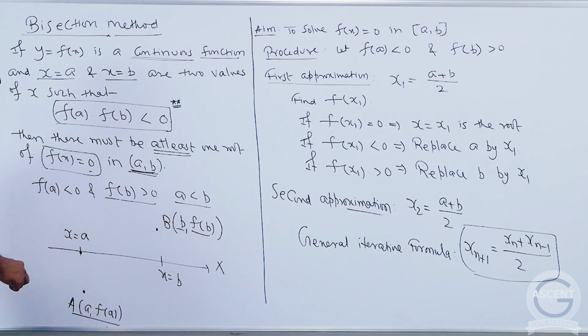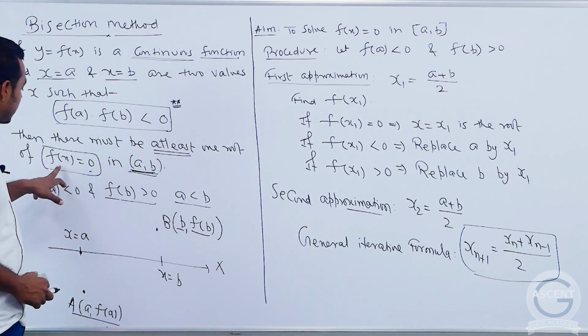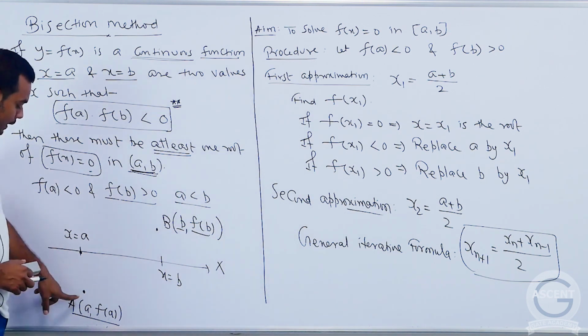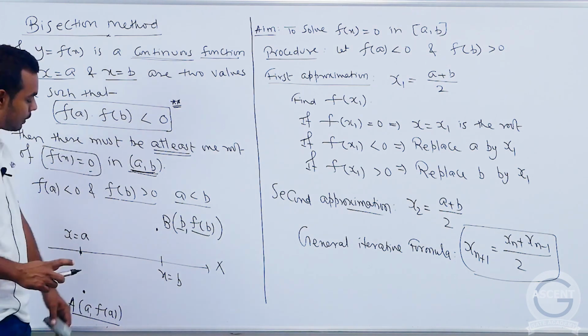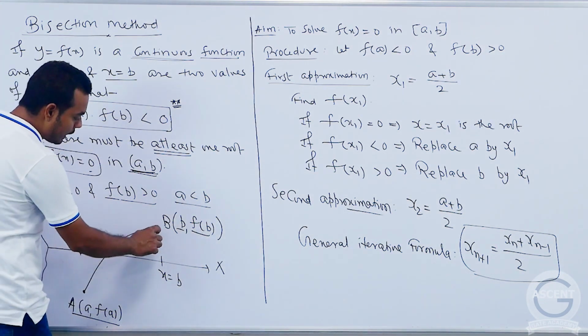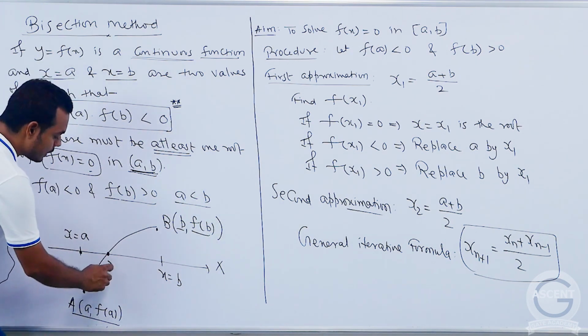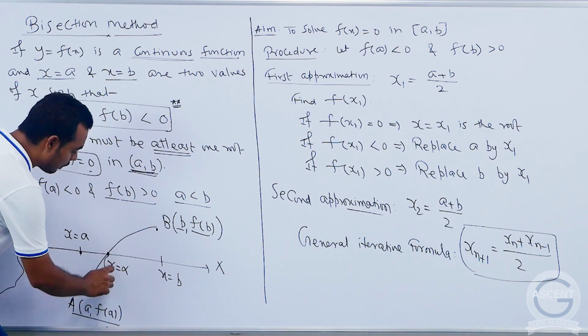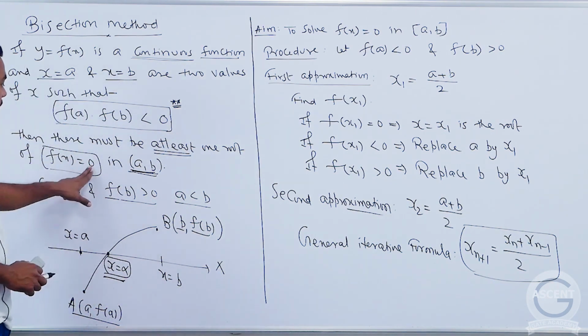So now these are the two points on the graph of this function y equals f of x, and at a you have a negative value, at b you have a positive value. The graph is continuous, so if you want to join these points, there must be at least one point where the graph will cross the x-axis, and this is the point where the value of f of x will be 0, and hence this will be the root of this equation f(x) equals 0.